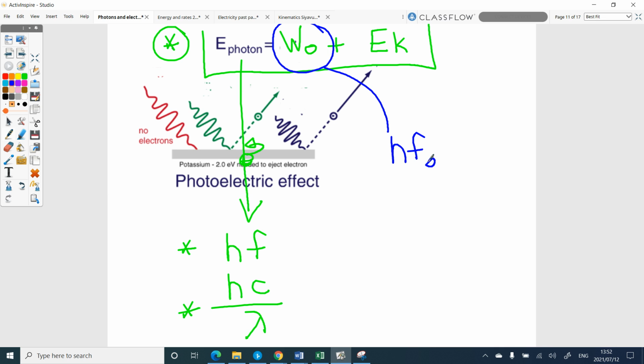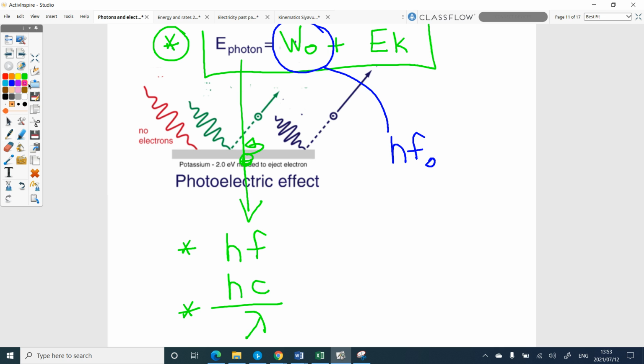Good. Because it's a threshold frequency. So the work function is equal to hf naught, which is the threshold frequency. But if they give you the work function, please don't go and mess with it. These two are connected to each other, but they're not the same thing.